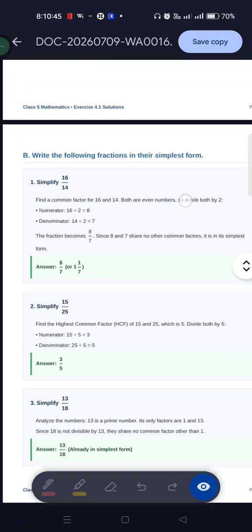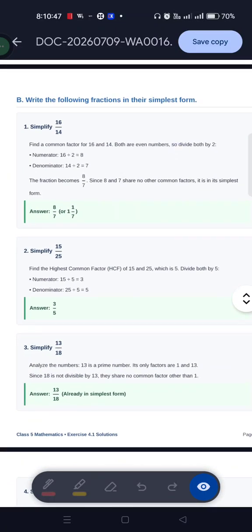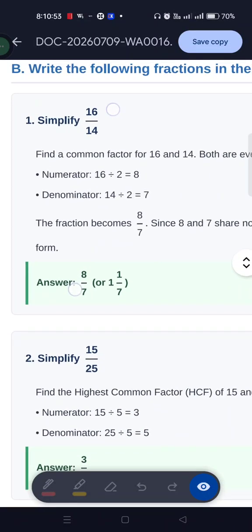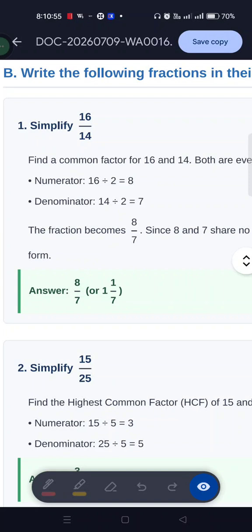Now the second question is part B of exercise 4.1. Write the following fractions in their simplest form. Now you are given a fraction, 16 upon 14, and you need to write it in simplest form. So first of all, you need to know what a simplest form is.